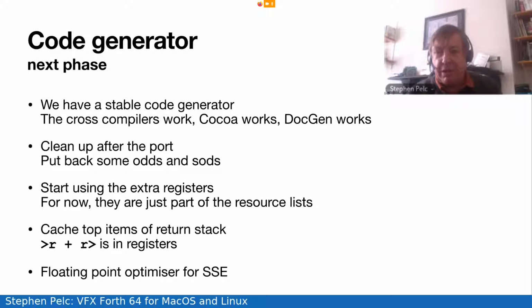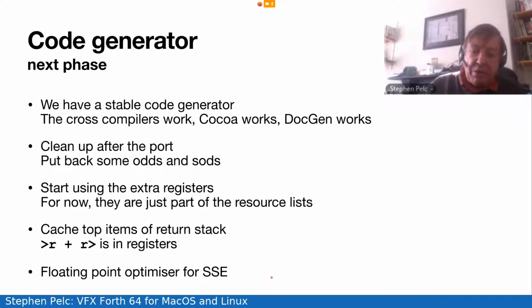They will cache the top items of the return stack in registers because we can take 2 away without anybody noticing, and we'll do a floating point optimizer for SSE instructions, and then we'll make our final decision as to which floating point system to use.